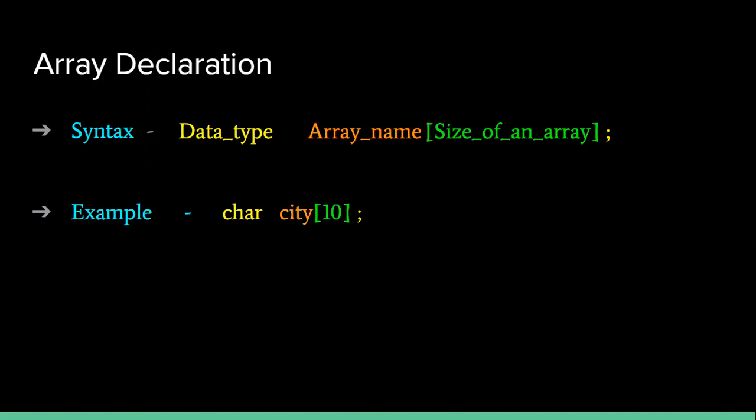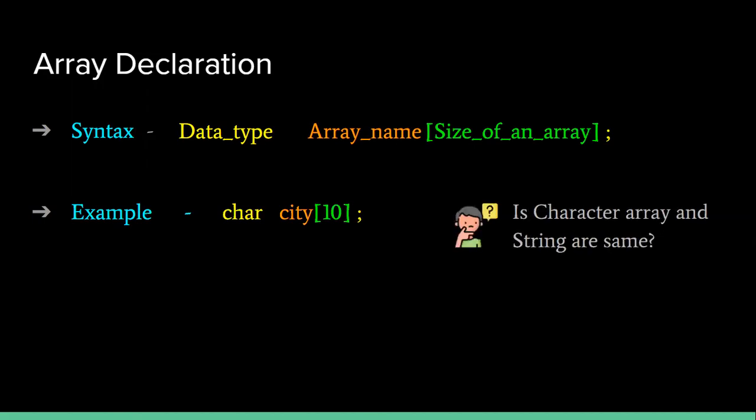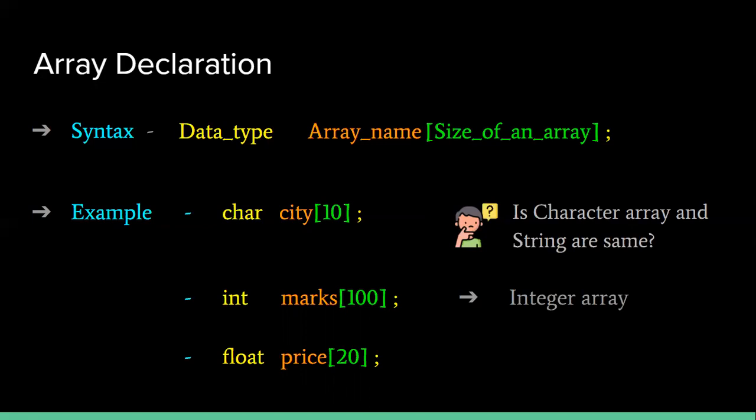Let's take one question for self-study: are a character array and a string the same? Think on it. Another example, we have declared the integer array marks of size 100. One more, float array price of size 20. In this way, you can declare an array of any size for any data type.